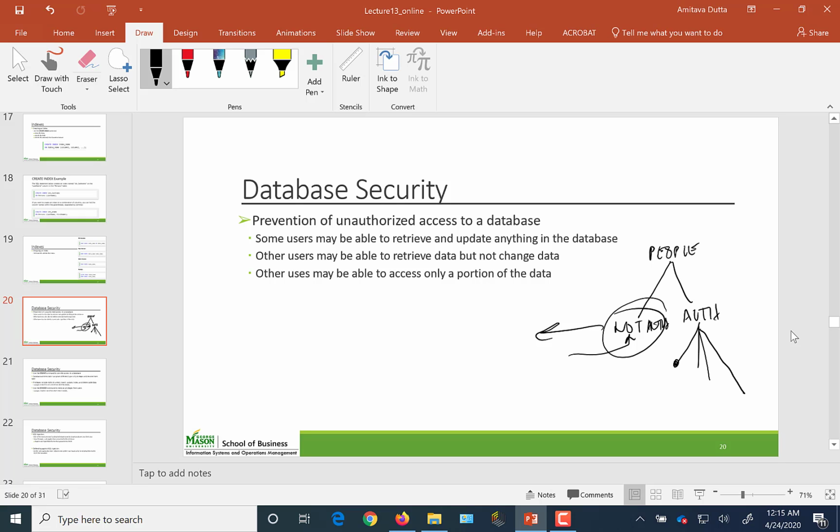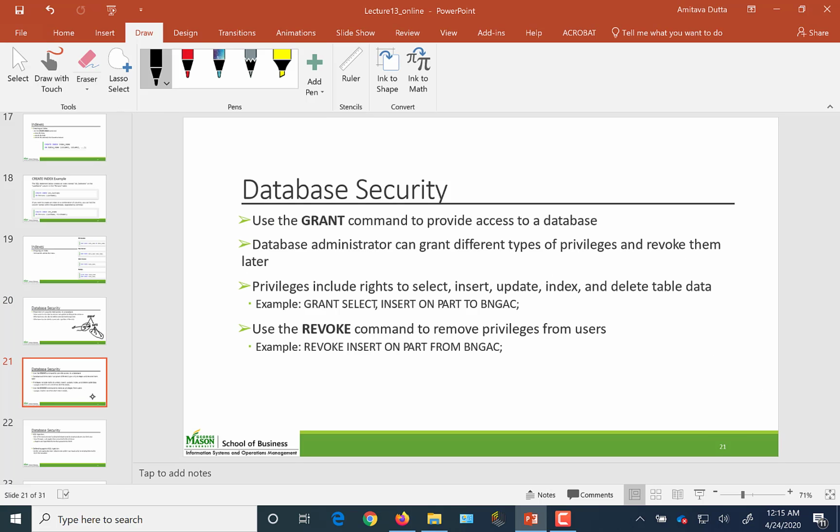Some people only allowed to look, some people only allowed to update, some people allowed to insert, some other people may be allowed to delete only. So there are different levels of access that one can have, even when one is authorized to access the database. So security is a very complex concept, and it has complex dimensions to it, and it falls under the purview of database administration as well. The DBA has to ensure the security of the database.